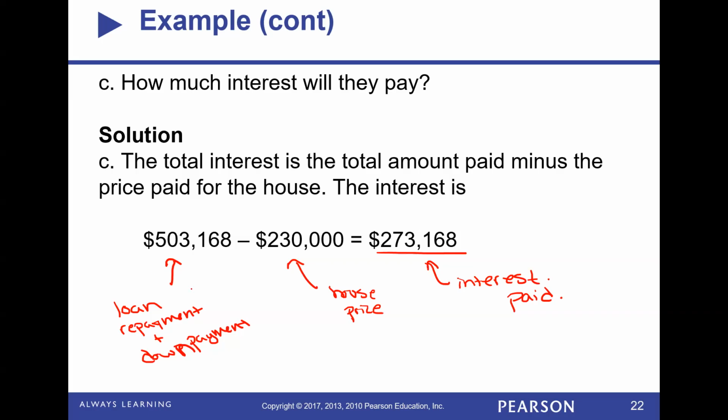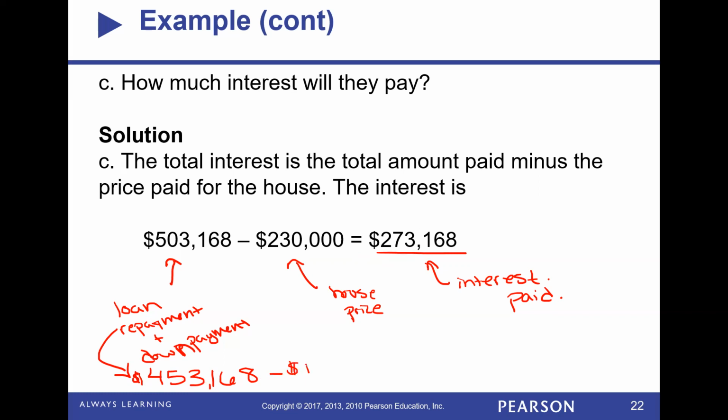Now you could have done it the other way. There is one other way that you could have done. You could have just done what the loan repayment was without the down payment. If we just go with the loan repayment itself, that was $453,168.